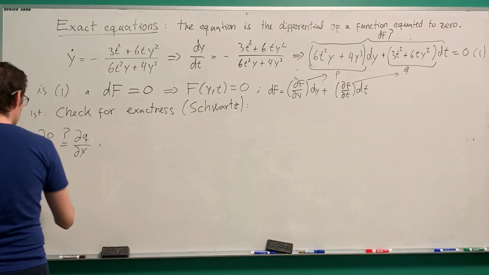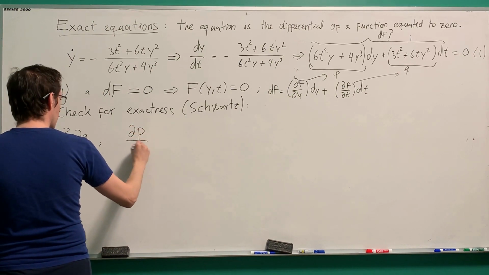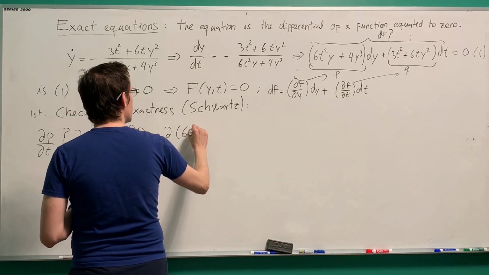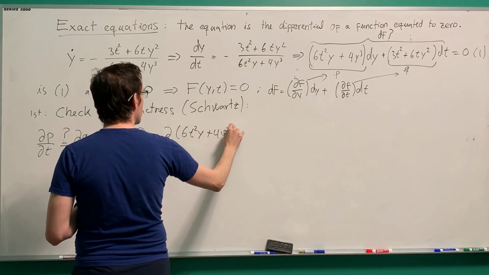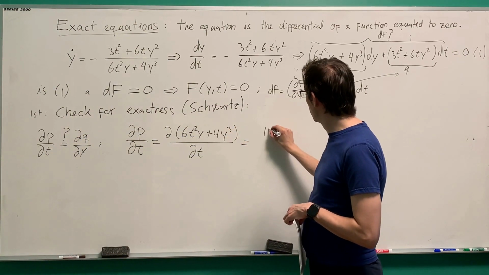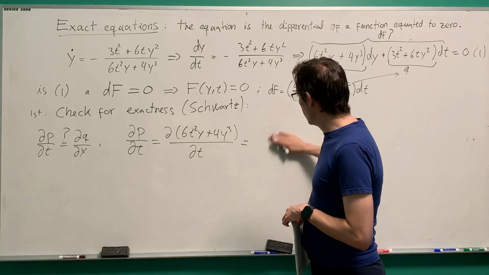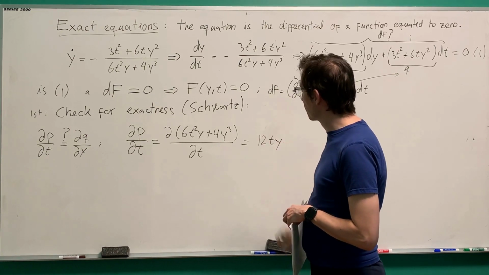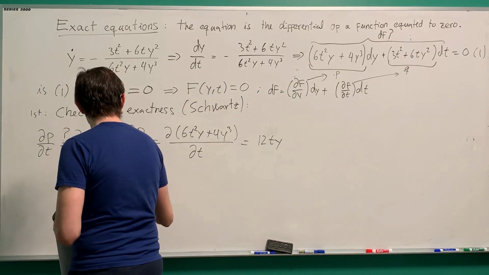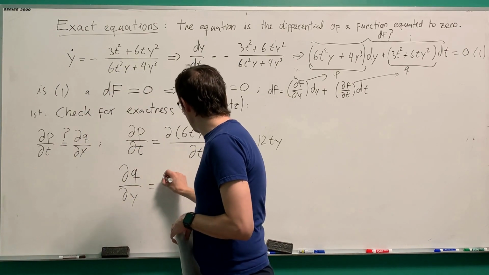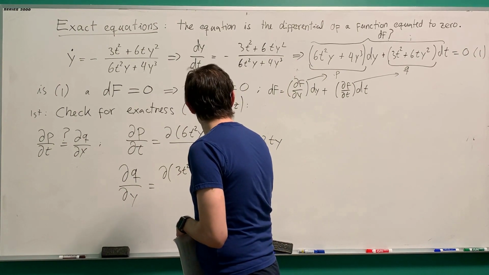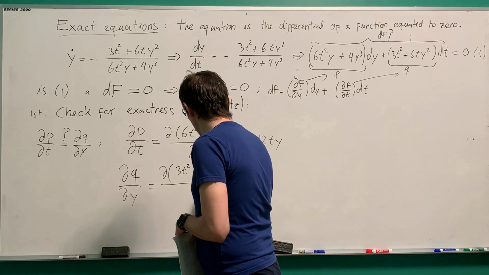On the one hand, we have partial p, partial t, which is the partial of 6t squared y plus 4y cubed with respect to t, and that is 12ty. Now let's check partial q, partial y, which is the partial of 3t squared plus 6ty squared with respect to y.